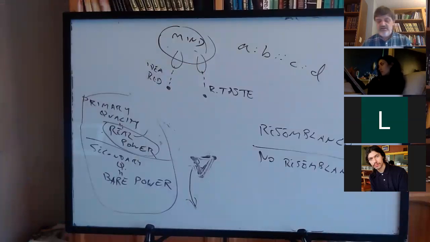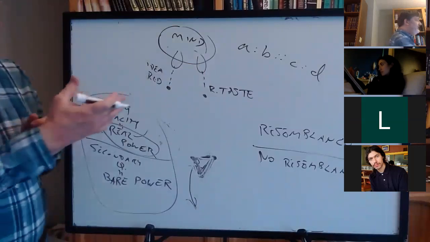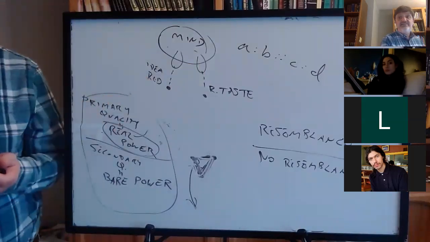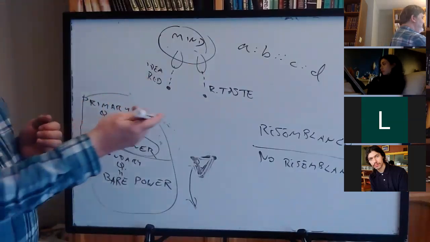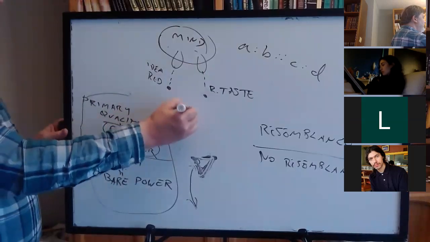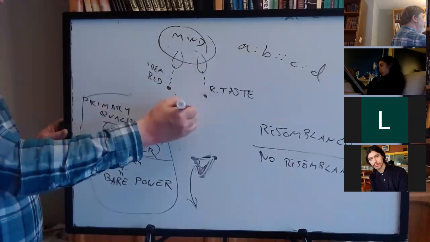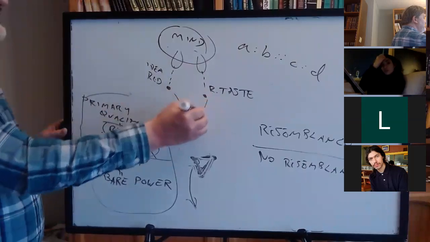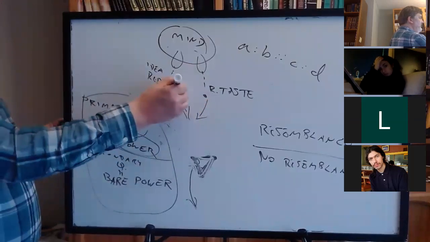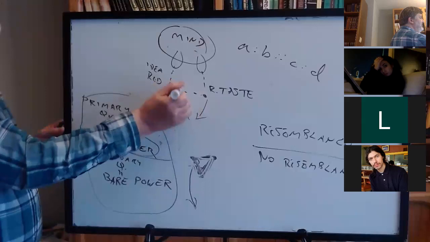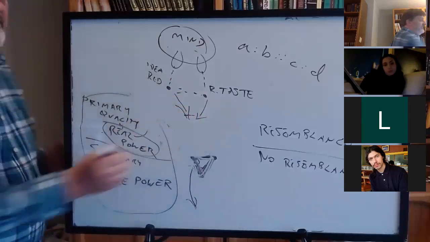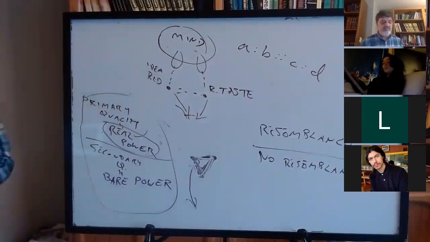Now, I know that they happen to have been caused at the same time. So I know there's something out here that caused this one, and I know there's something out here that caused this one. But I don't know any kind of necessary relation between these.